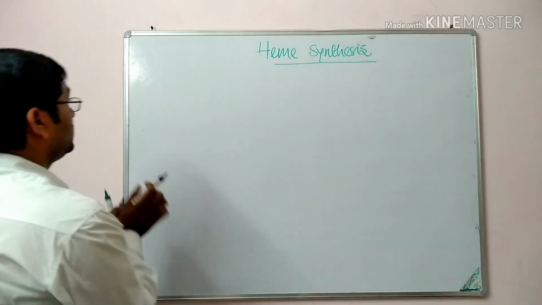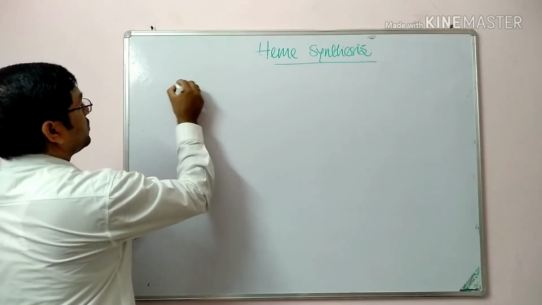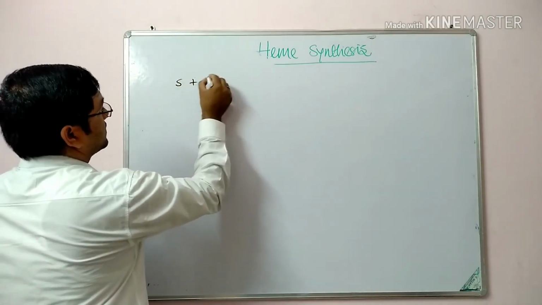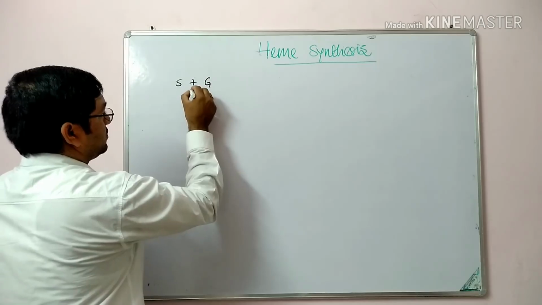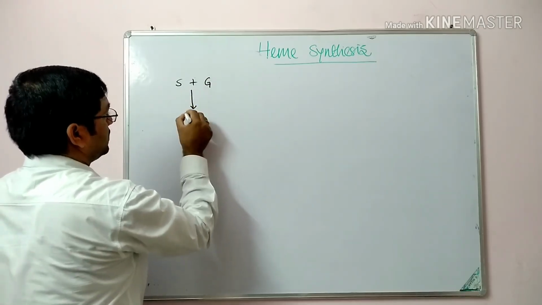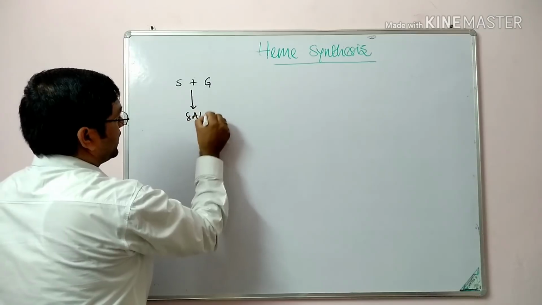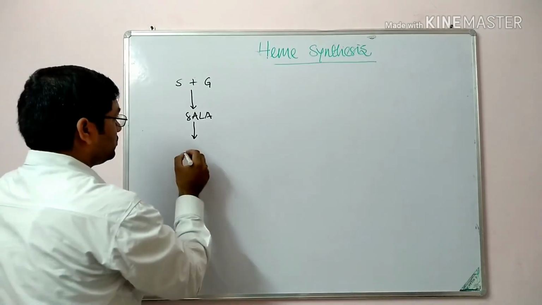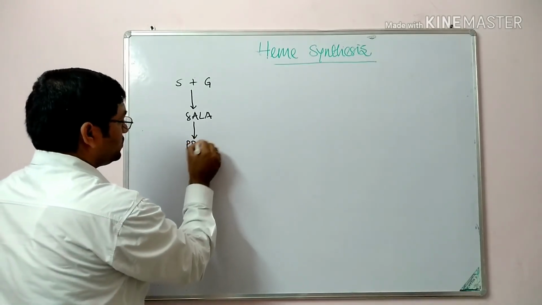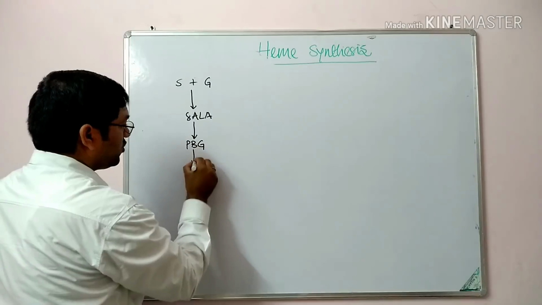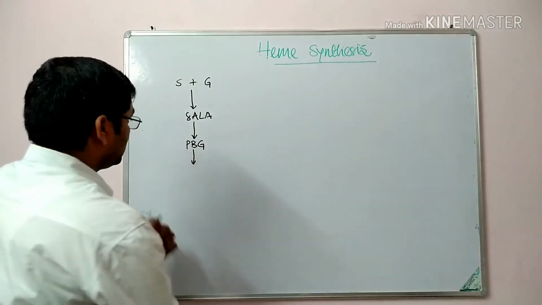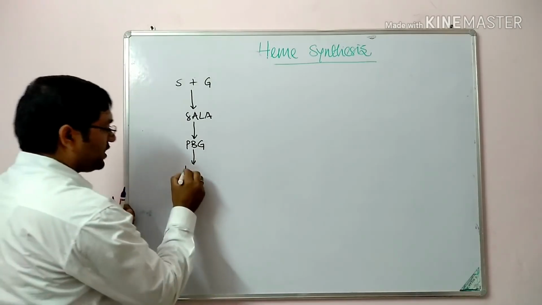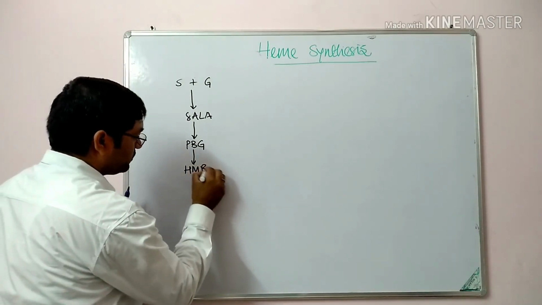Okay, this is succinyl coenzyme A plus glycine. It gives delta-aminolevulinic acid. Condensation of delta-aminolevulinic acid gives porphobilinogen. Four molecules of porphobilinogen combine to give hydroxymethylbilane.